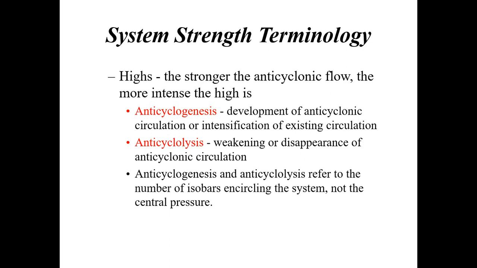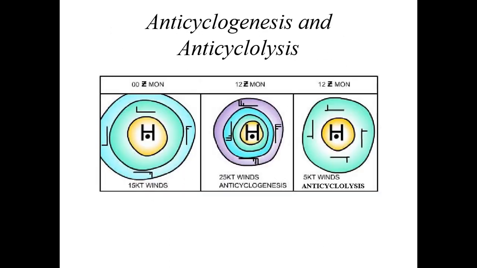Both refer to the number of isobars encircling the system, not the central pressure itself. So again, we're utilizing those solid dark lines, those lines of equibarometric pressure, the isobars, in determining whether we have anticyclogenesis or anticyclolysis. Let's take a look.